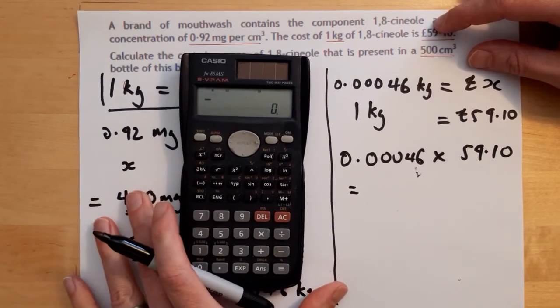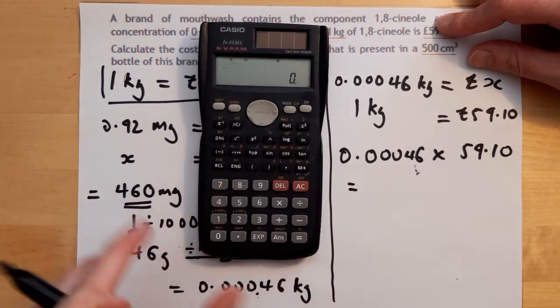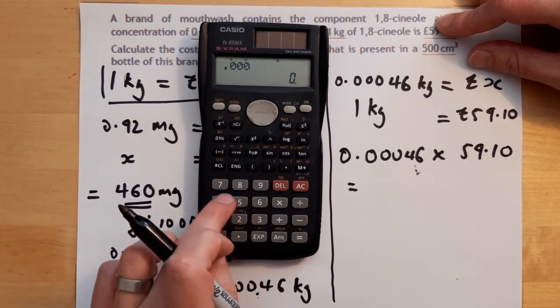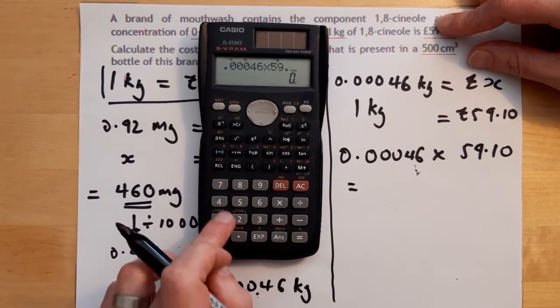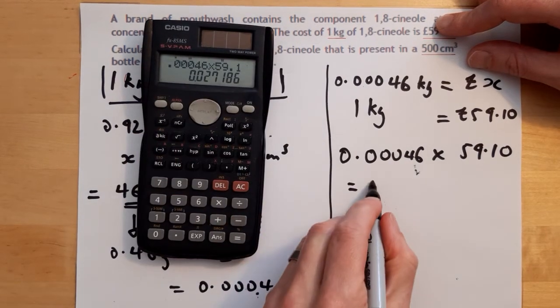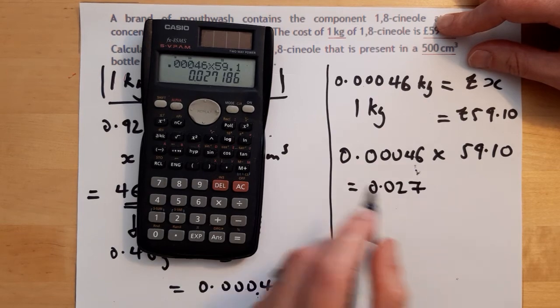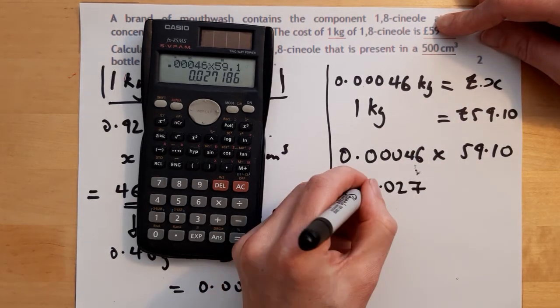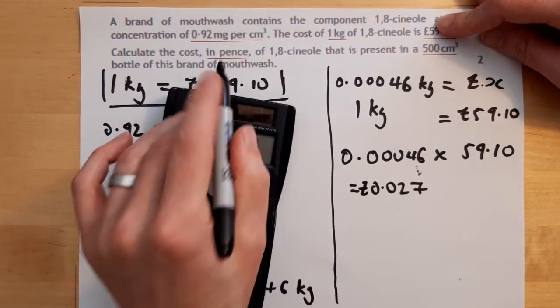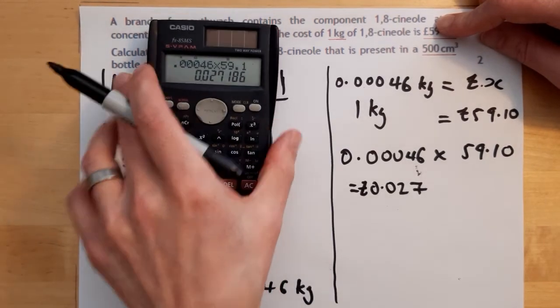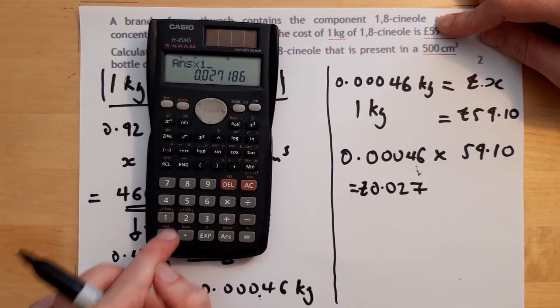That gives us 0.00046 times 59.1 equals 0.027. And our x there that we're calculating is in pounds. Our answer has to be in pence. So we therefore times it by 100.